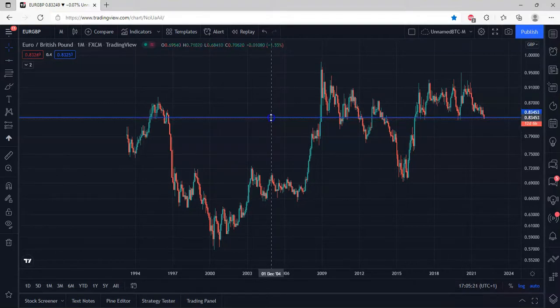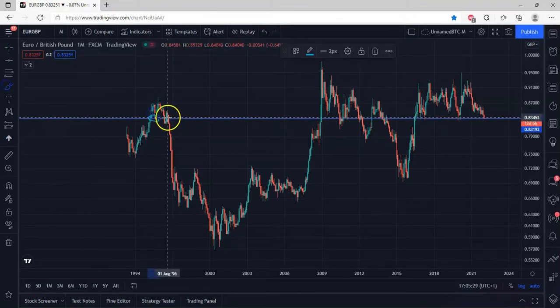For me, I would say here, because we have these several touches here, and almost touches here, somewhere here, probably in the lower time frame, and several touches here, here, and here.